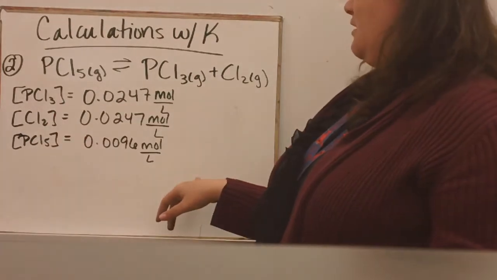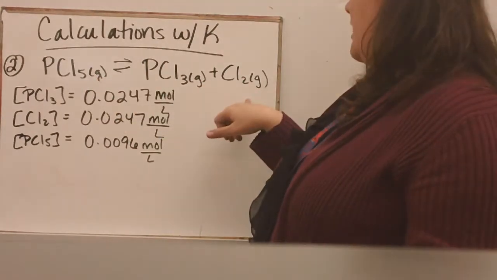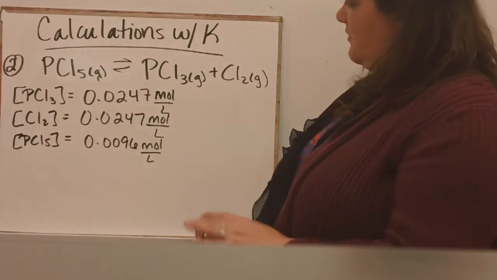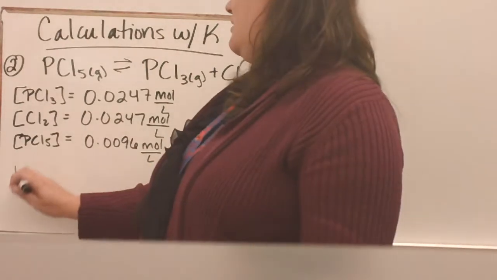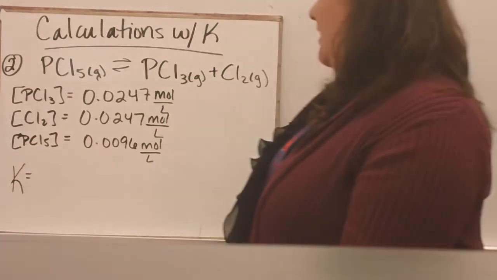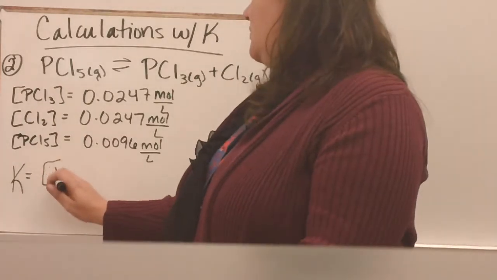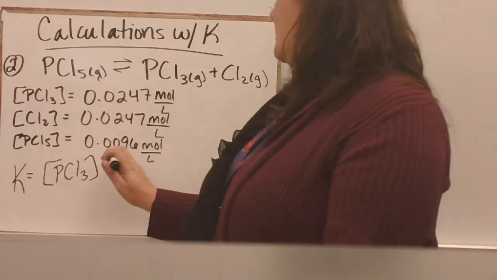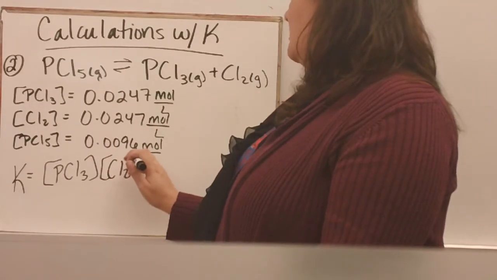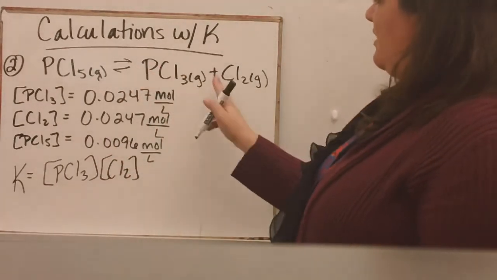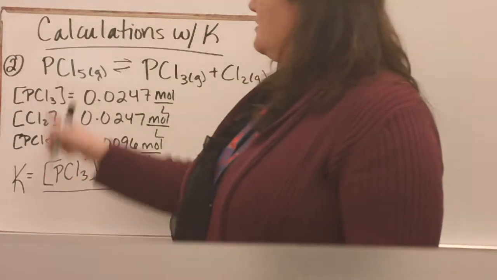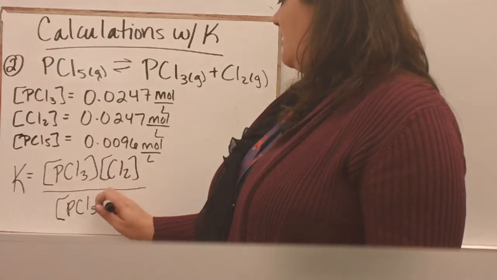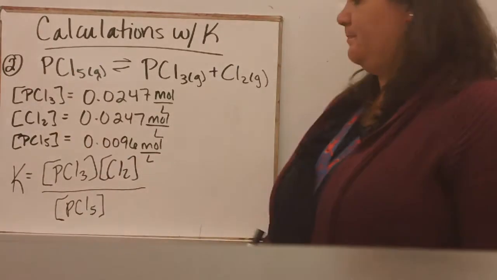So in this problem, it tells us that we have this equilibrium reaction, and it gave us these concentrations for the species. The first thing we have to do is write our equilibrium expression. So K is equal to PCl3 to the first power times chlorine concentration to the first power, because both of them have a coefficient of 1, divided by PCl5, which is also to the first power because its coefficient is a 1.